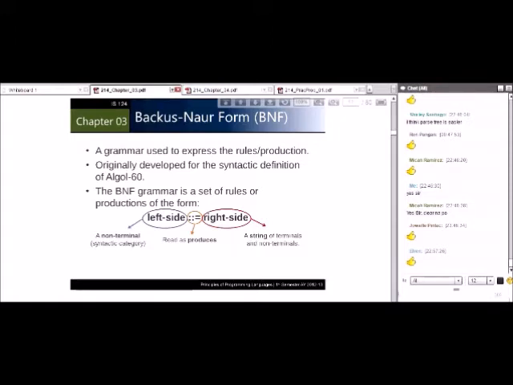A terminal means it's the end, it's at the end, so it has no continuation. Unlike a non-terminal, which can continue. So again, the left-hand side will always be a non-terminal, and the right side can be a terminal, a non-terminal, or a combination.